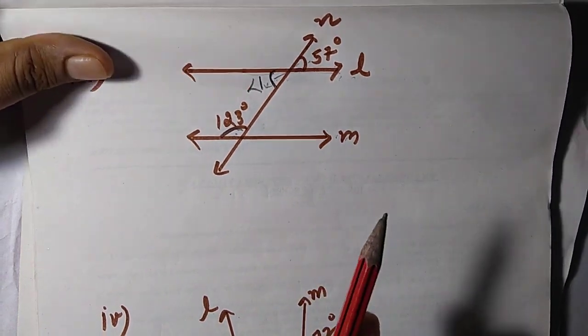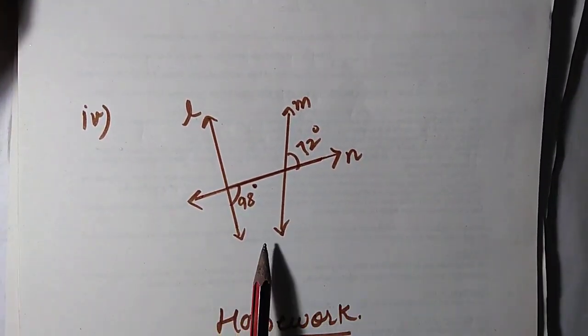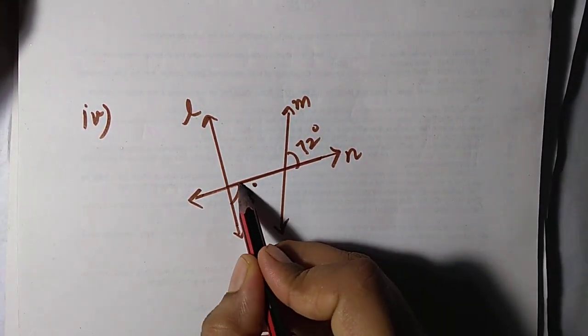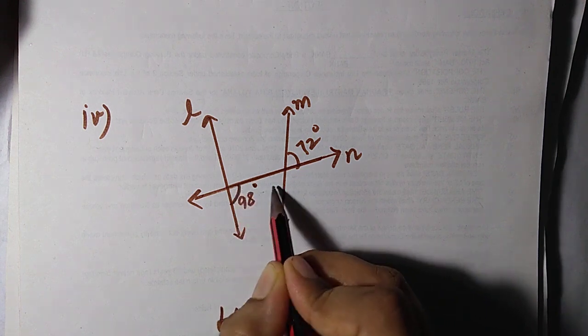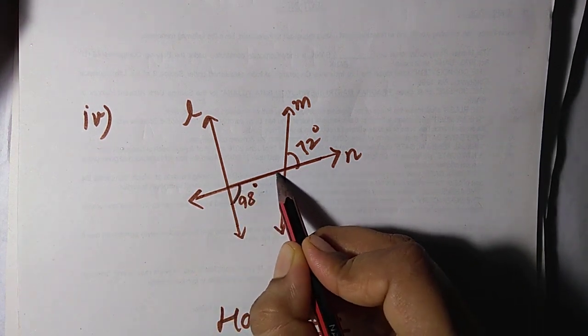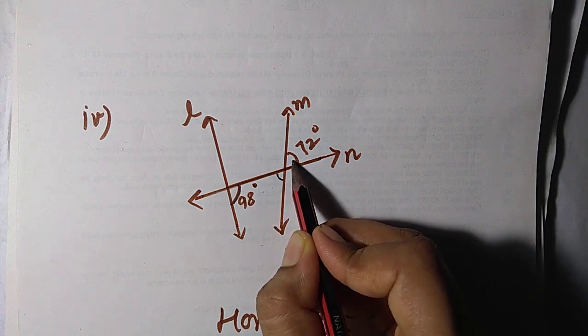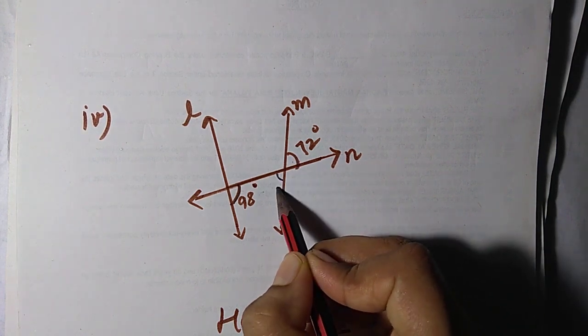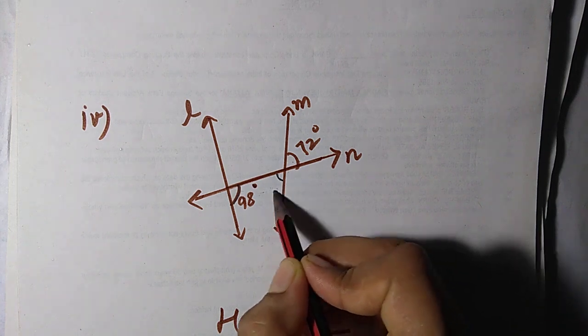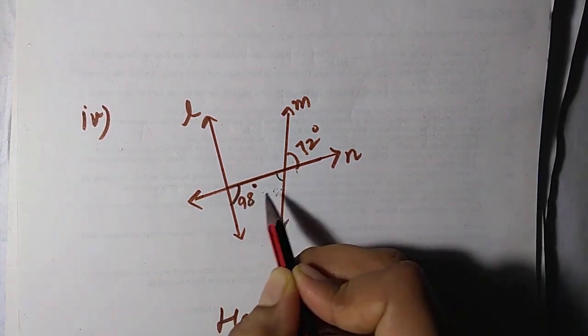I have explained this. Now come to the fourth part. Here, this is the interior angle, inside the line. So I need this for forming the co-interior angle. If this is 72 degrees, this will also be 72 degrees because they are vertically opposite angles. Then you have to sum these.